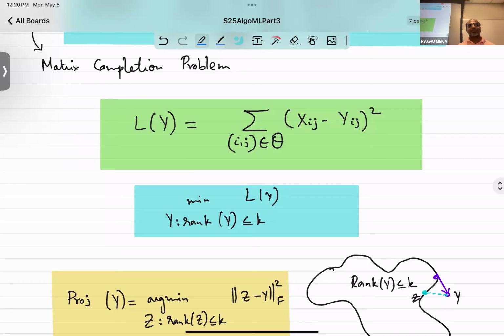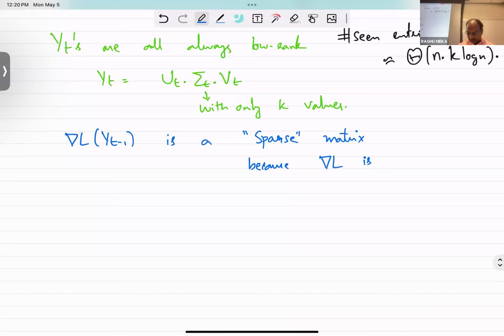The gradient of L is a matrix in which 99% of the entries are 0. Okay, so you keep track of these two things.